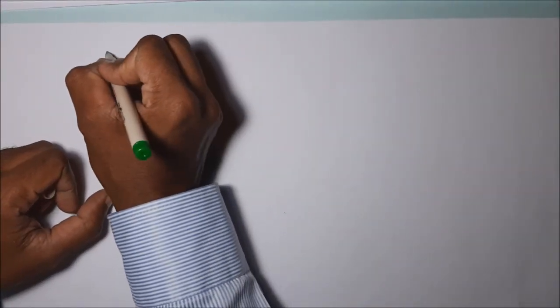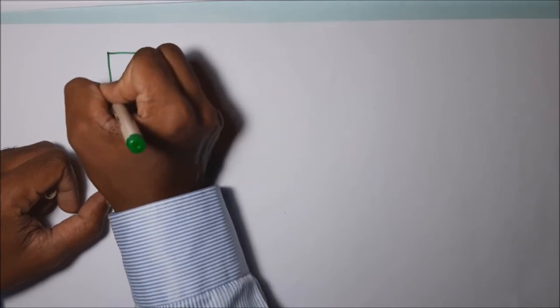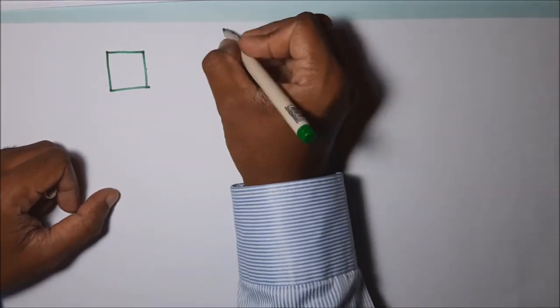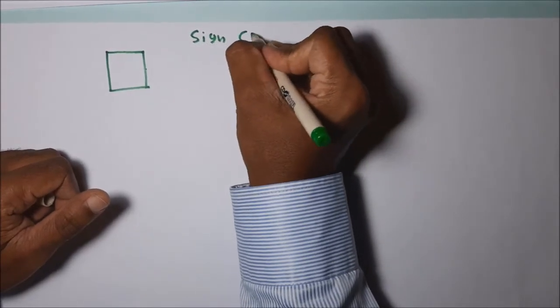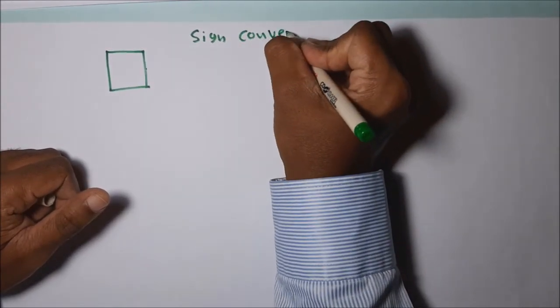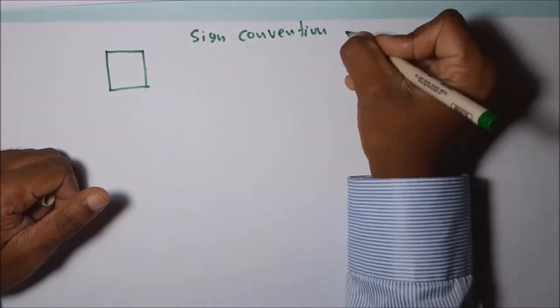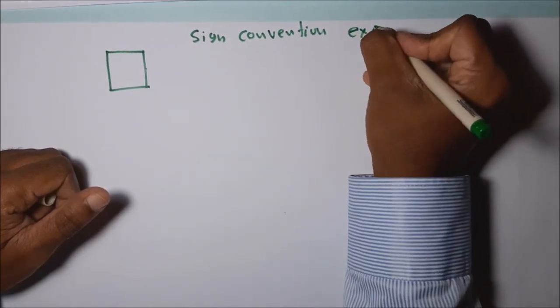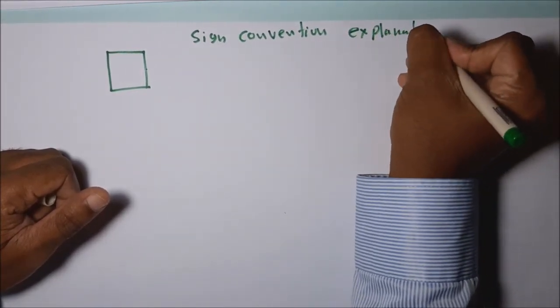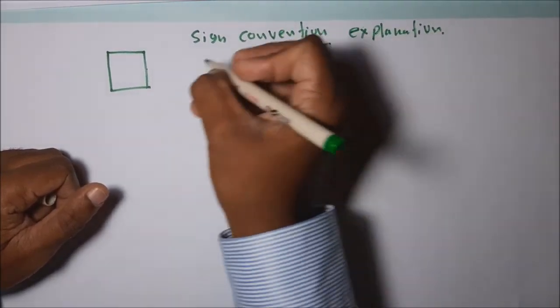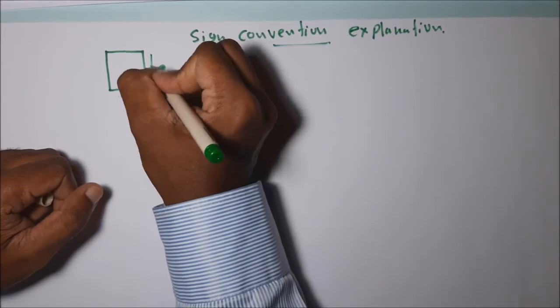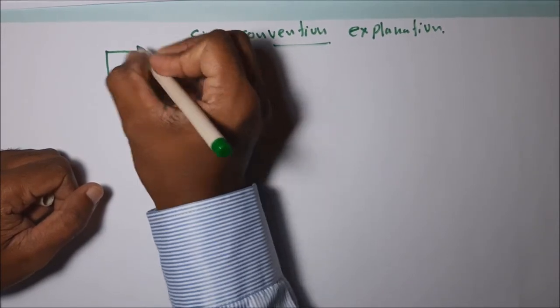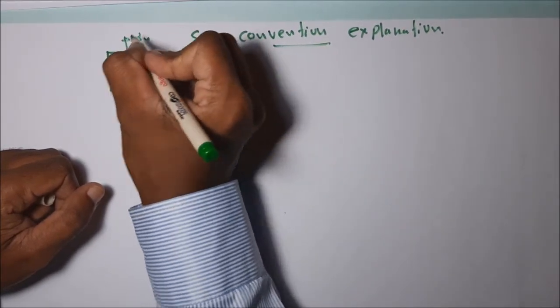Then let's take the same diagram. I'll draw that one. Let's take this kind of two-dimensional planar problem. Our heading is sign convention explanation in Mohr circle diagram. Let's take this is sigma x, tau xy, sigma y.